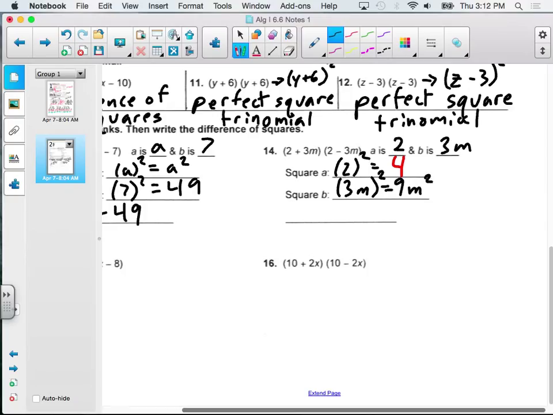And how should we write our answer? 4 minus 9m squared. Doesn't the variable have to be first? It doesn't have to be, but when it is in front, that just means it's in standard form. So is this in standard form? No, because the term with the greatest degree isn't in front. But it's fine if we write it like this.